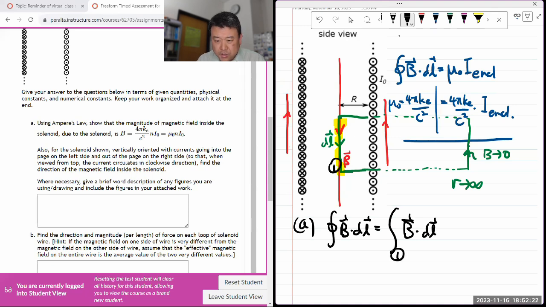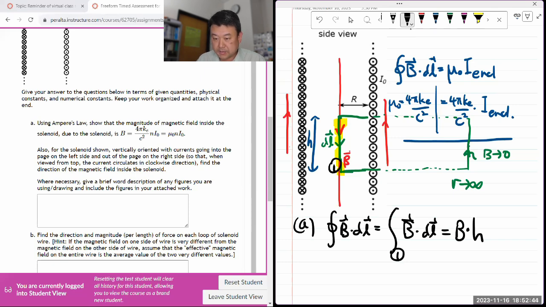I think I can write this rather simply. If I give a symbol for the height of the loop, let me call that lowercase h, then because the magnetic field will be uniform along that length, this integral is simply the magnetic field at that position times the height h.